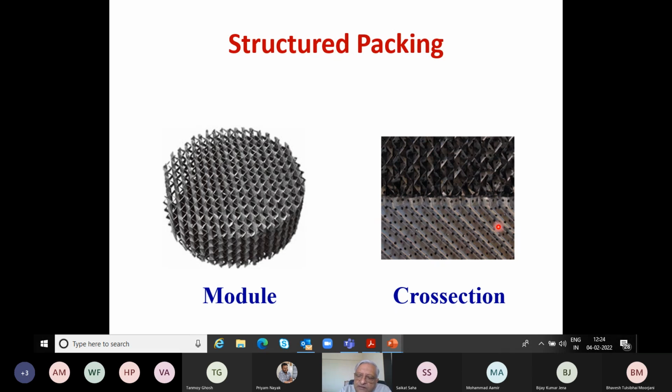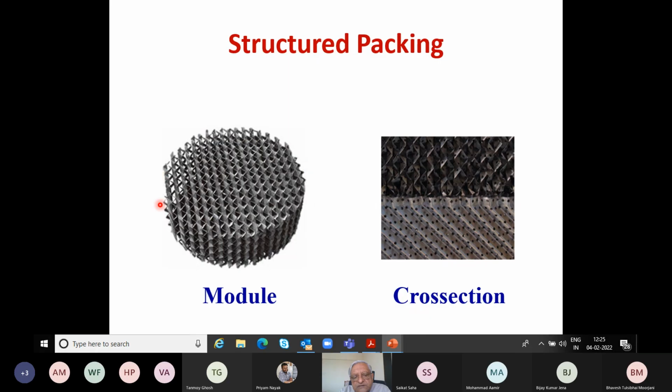These are the holes there, and then you crimp the sheet, so you get these crimps like this. These sheets are then arranged in a crisscross manner. This is one crimp sheet, then a second crimp sheet, and a third crimp sheet like that. You put them one behind the other, and then tie them together with a stainless steel metal wire. And depending upon the column diameter, you can change the length of the sheet.